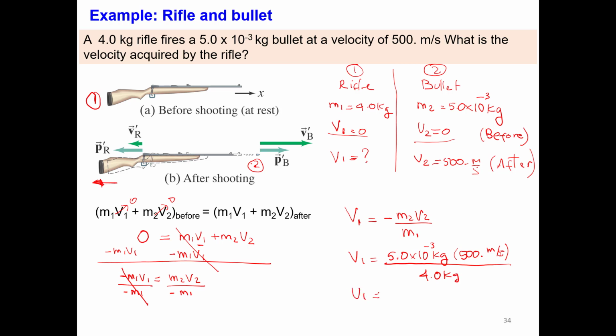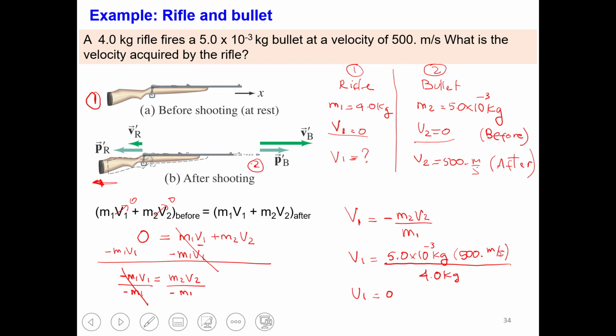And if we divide all these quantities, then we need to give two significant digits, because here we had two significant digits in these numbers. Then we got negative.